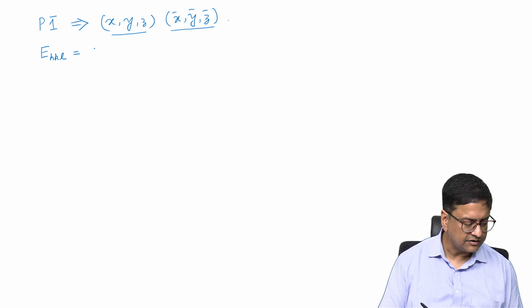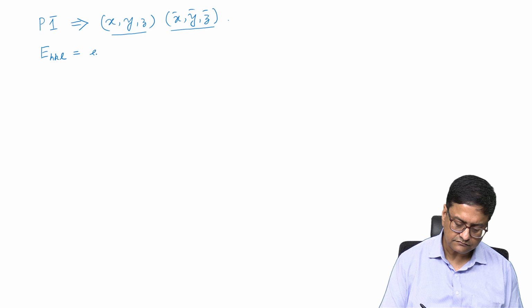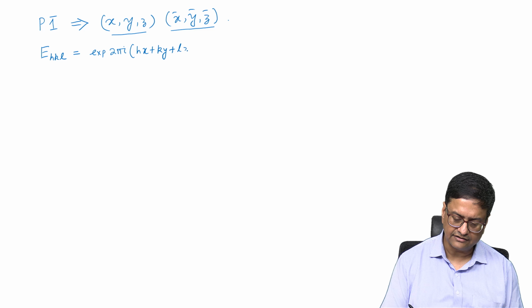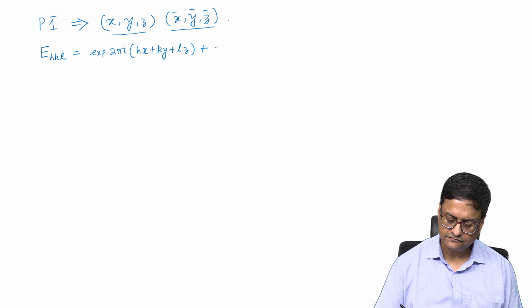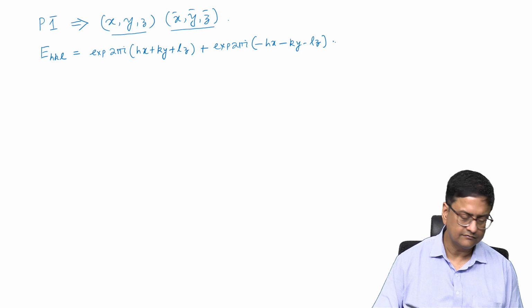So, we can simply write it as exponential 2 pi i (Hx plus Ky plus Lz) plus exponential 2 pi i (minus Hx minus Ky minus Lz).